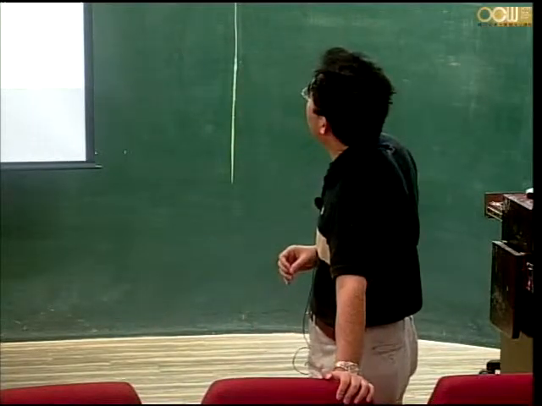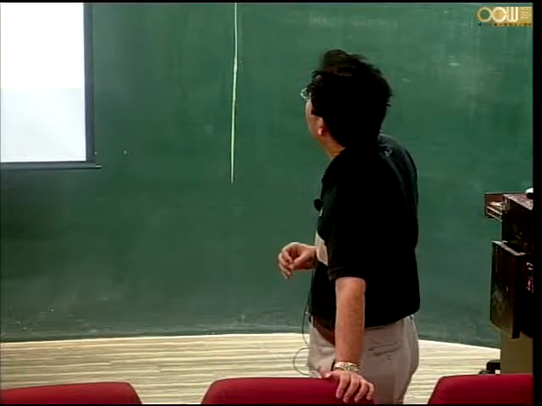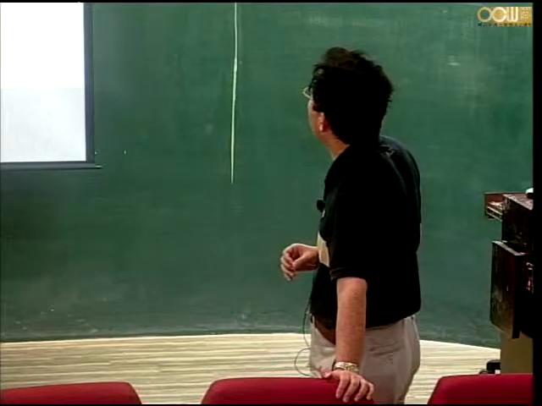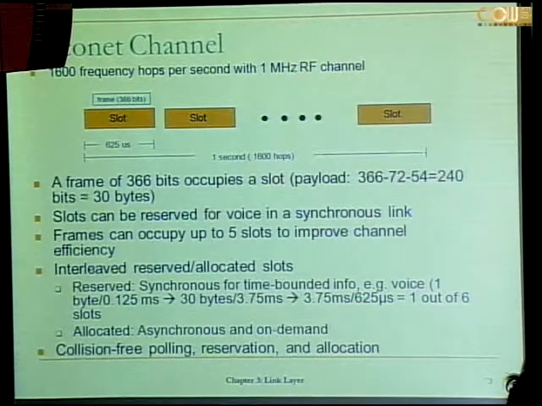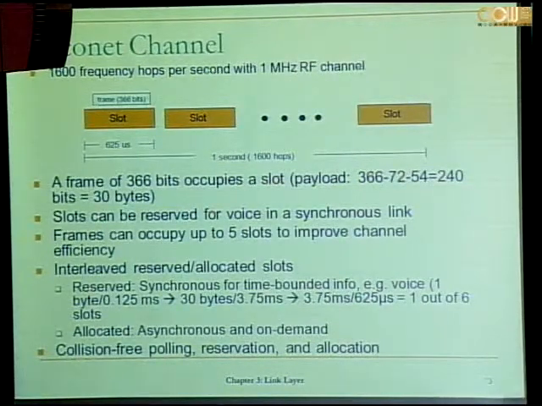And within that 625 microseconds, how many bits can I transmit? It says it would be 366 bits transmitted. So the frame size is 366 bits within that slot.